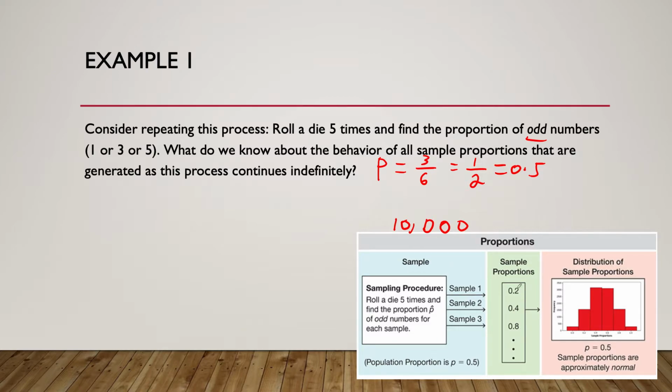We obtain 10,000 sample proportions, some of which are the same, some of which are different, and we would obtain a histogram of the distribution of the sample proportion. And notice that the distribution of the sample proportion becomes approximately normal.